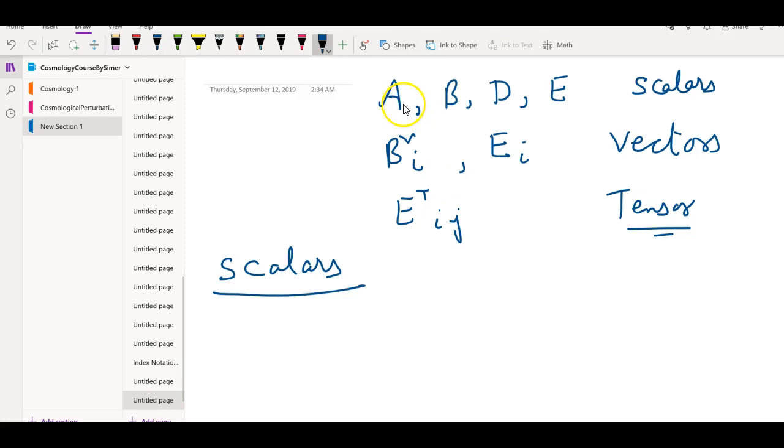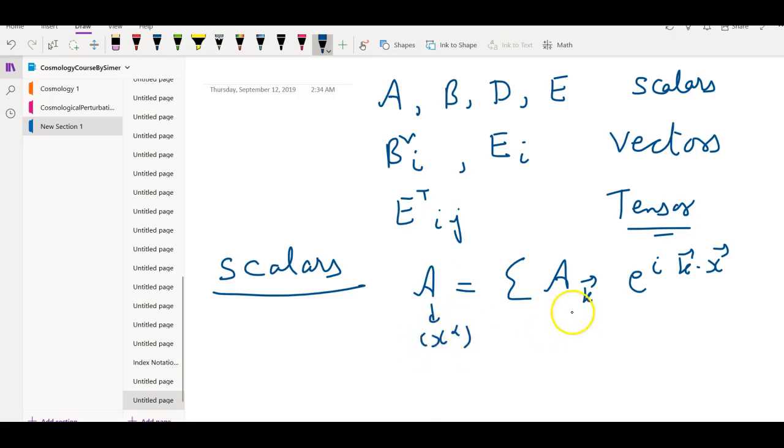Let us see how we can write scalars in the Fourier space. You have a scalar A. You can write this as A_k, like this. And A is a function of x alpha, and this is a function of eta. So A in x space will be replaced with A_k in Fourier space, and we will drop the subscript k.